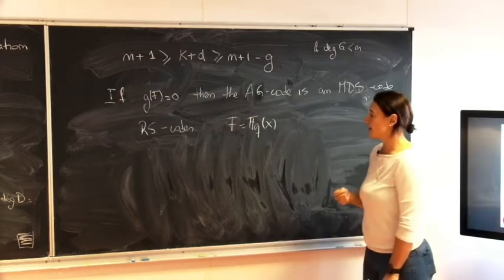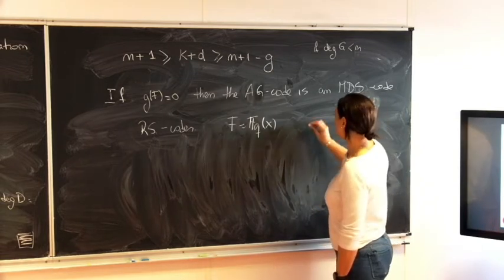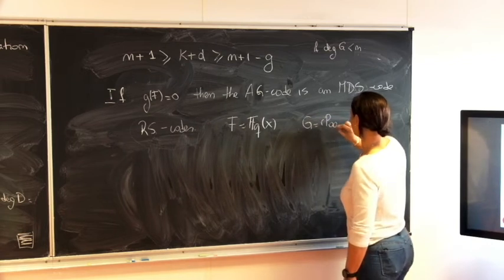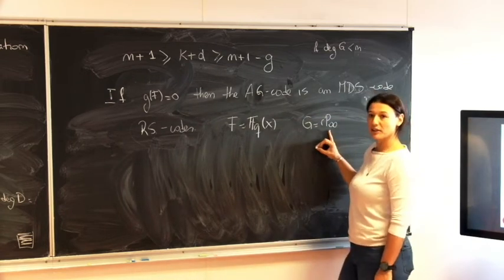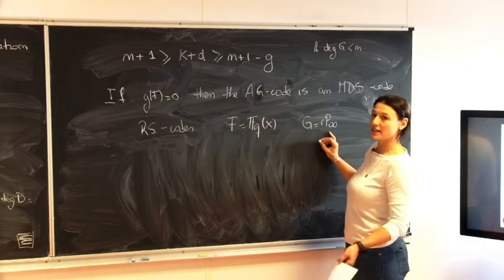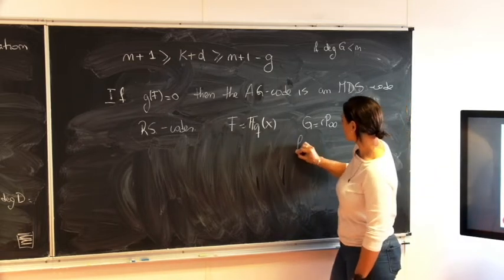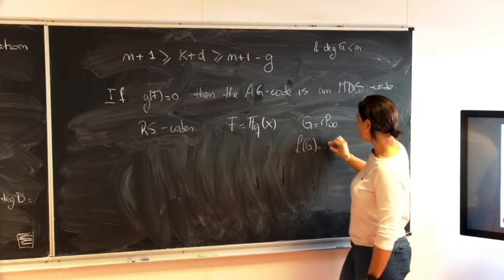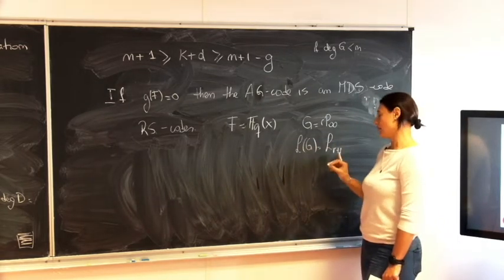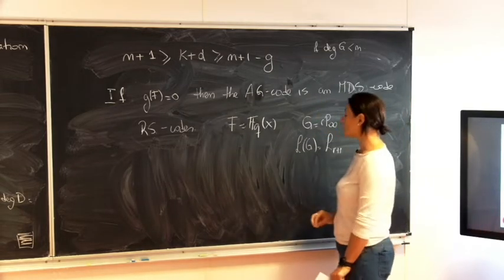And if I choose, as we did yesterday, the divisor G to be r times the place at infinity, P infinity, which was the element such that the degree of the numerator was less than the degree of the denominator, then the Riemann-Roch space was the space of polynomials of the same kind that was used for the Reed-Solomon codes.